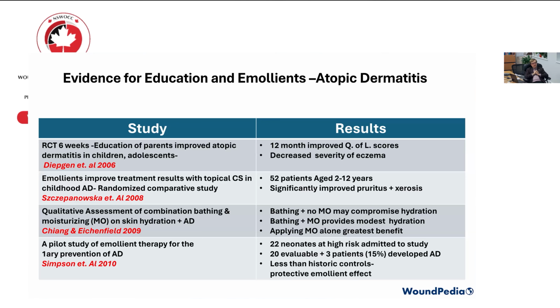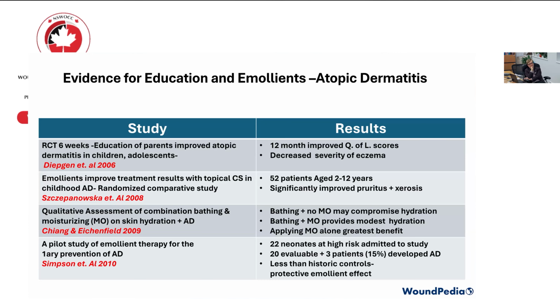Bathing plus no moisturizer may compromise hydration. Bathing with moisturizer provides modest hydration, but applying moisturizer alone gave the greatest benefit. So de-emphasize the bathing and emphasize the moisturizer. It should be put on 1 to 3 minutes after bathing while the skin's still damp.